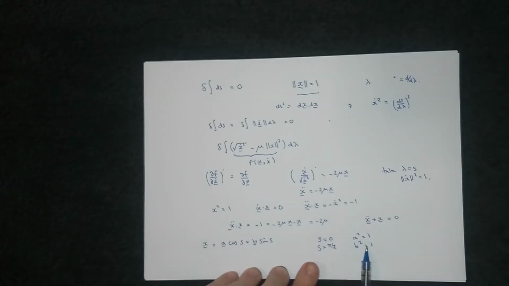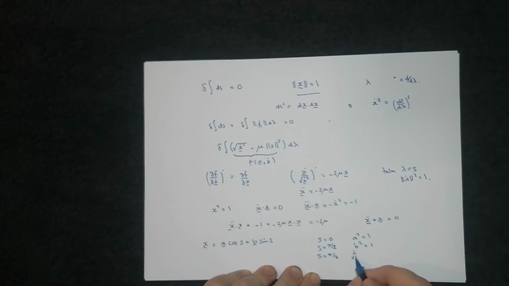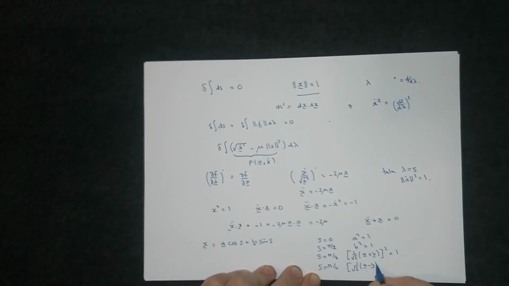So a and b are unit vectors. If we take s equal to pi by 4, that shows 1 over root 2 (a plus b) all squared is 1. And s equals minus pi by 4 shows that 1 over root 2 (a minus b) all squared is equal to 1.